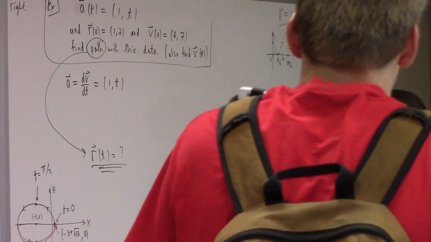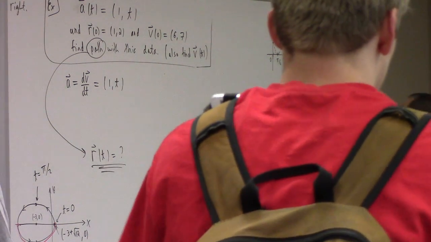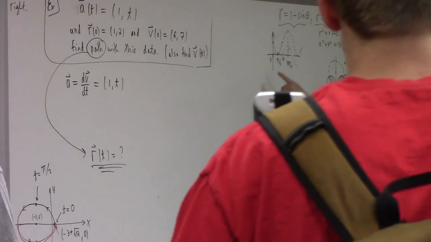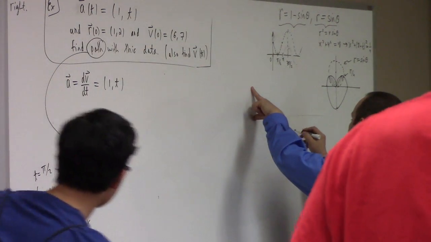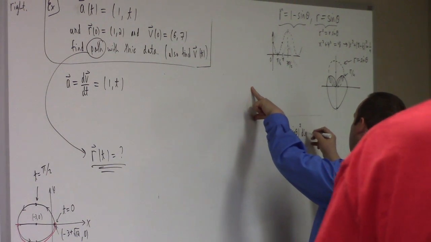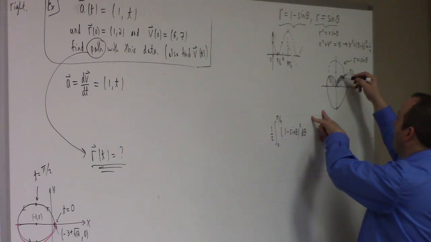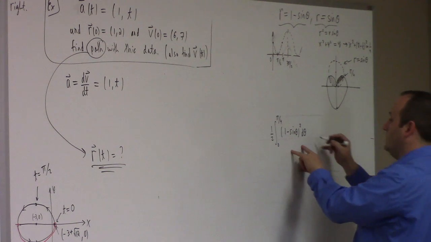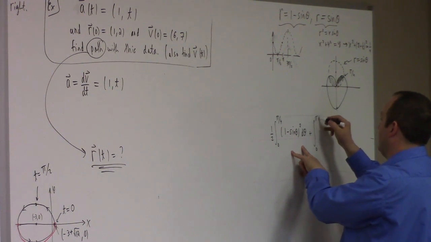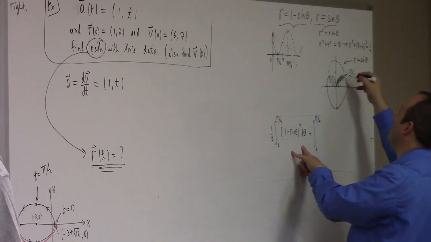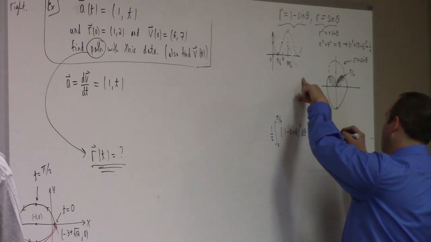So we would have the integral from 0 to pi over 4. And then, so this is which one? This is that one, right? So I have 1/2 of 1 minus sine theta, quantity squared d theta. That will give me nothing more than this area right here. Then plus the integral from 0 to pi over 4 of this guy, which would be sine squared theta divided by 2 d theta.